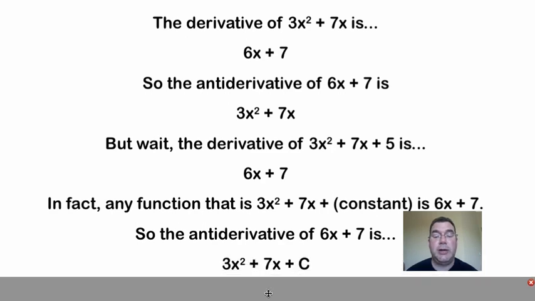So what I do is I write the family of functions as 3x squared plus 7x plus capital C, some constant that either I don't know right now or I could figure out later, but I do have to include it as part of my answer because there could be a constant there. All right, so that plus C is something that you're going to see a lot of when you're taking antiderivatives.